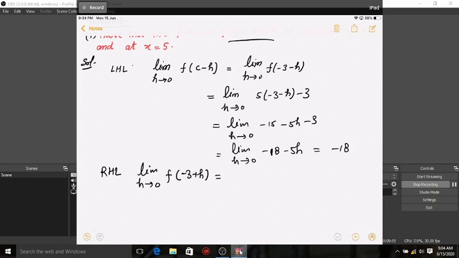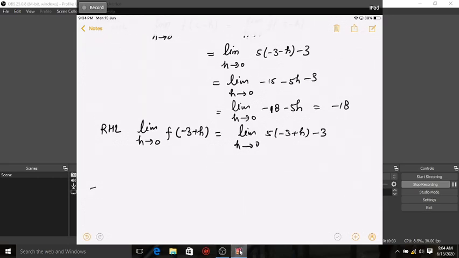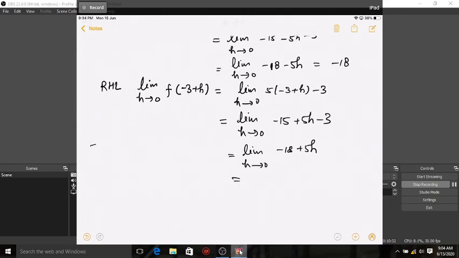So putting the value in the function, it is limit h tends to 0 5 times (minus 3 plus h) minus 3, it is equal to limit h tends to 0 minus 15 plus 5h minus 3. So it is limit h tends to 0 minus 18 plus 5h, but h tends to 0, the value of the right hand limit is also minus 18.